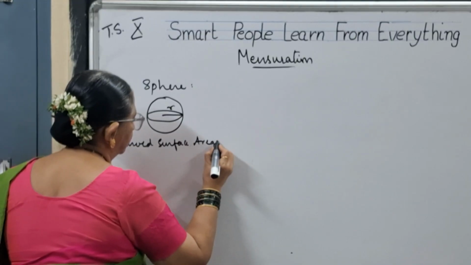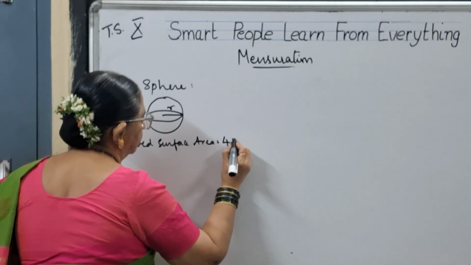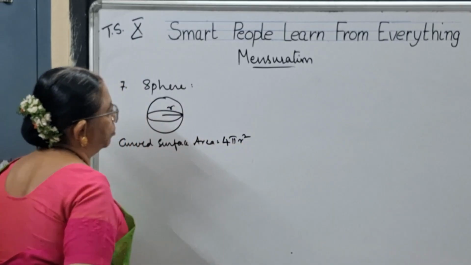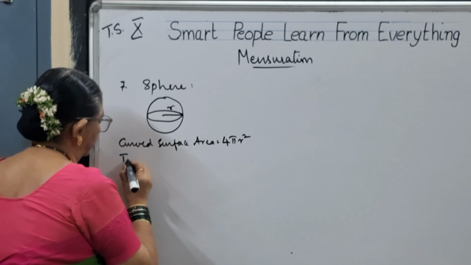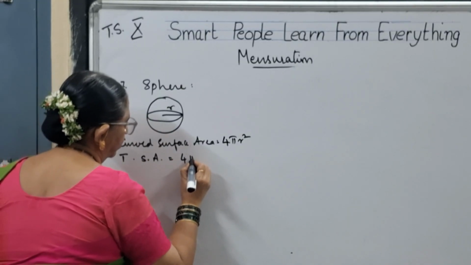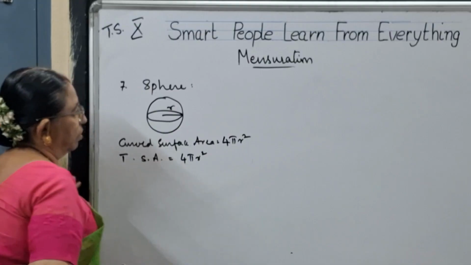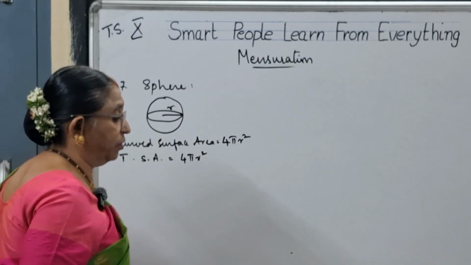It won't have lateral surface area. Curved surface area of a sphere directly will go for the formula 4 pi r square. Its total surface area is also the same formula because it is not having base and height. It's only a circular one.